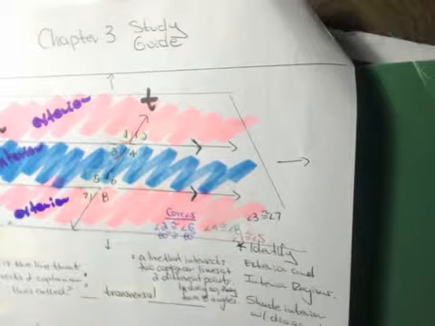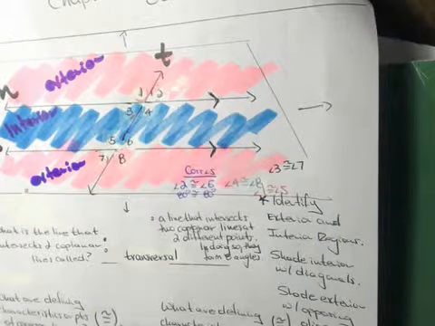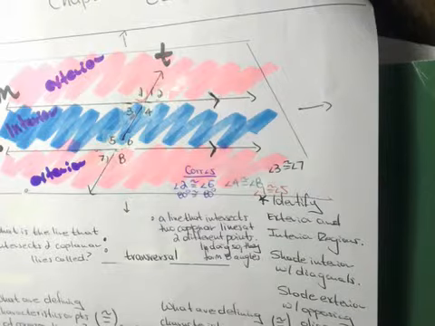Of the four angle pairs we've been introduced to in this chapter, the first three, corresponding, alternate exterior, and alternate interior angles, are congruent. So the pair of angles will be equal to each other in angle measure.